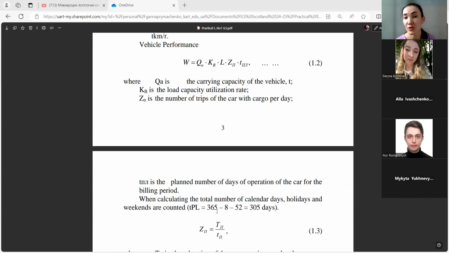And now we use 305 days. Decided it for your variants. And we do our last formulas to our lessons today. And it will finish our task.